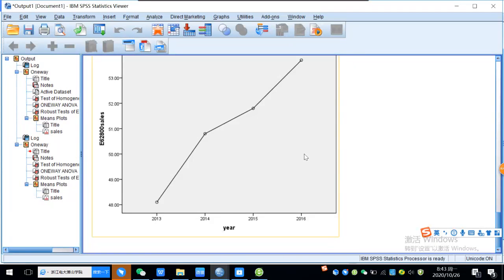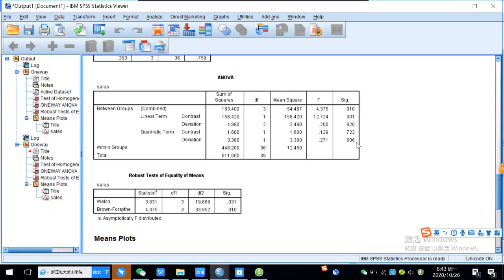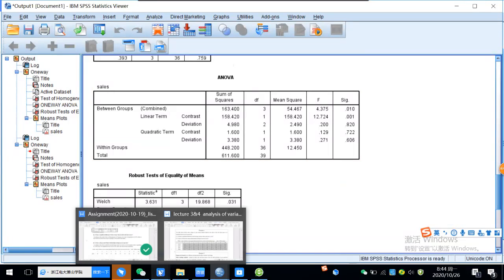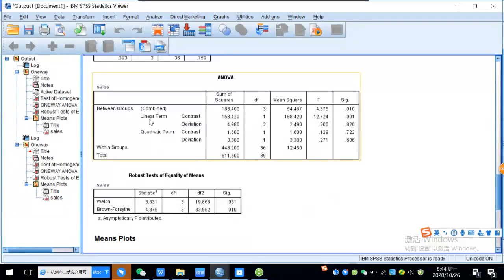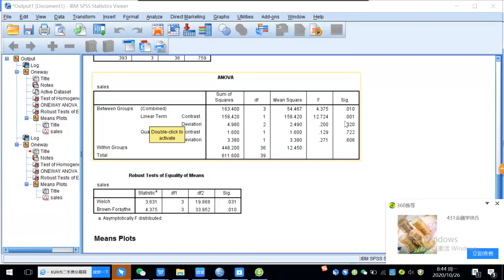Okay. Yeah. So this time let's look at the results here. Okay, from here, we can see the linear term contrast. Okay, so this row, the F value is 12.724, and the corresponding significance is 0.001, which is less than 0.01.